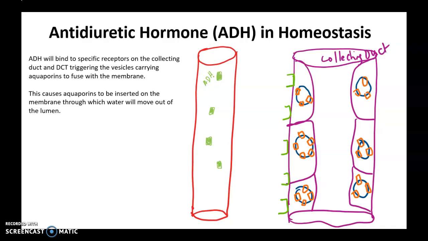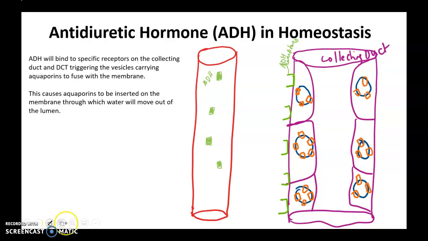Now, on the other side, I have drawn the collecting duct, which is lined by simple cells, as you can see in purple. And I want you to notice one thing. On the surface of these cells, do you see green colored receptors? So these are ADH receptors. And within these cells, do you see blue colored things?